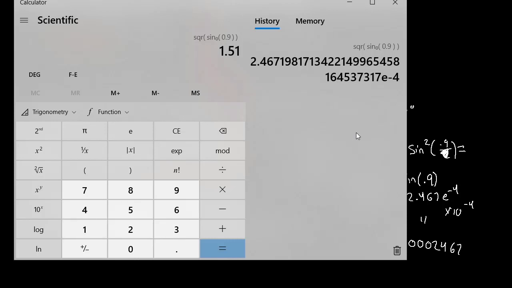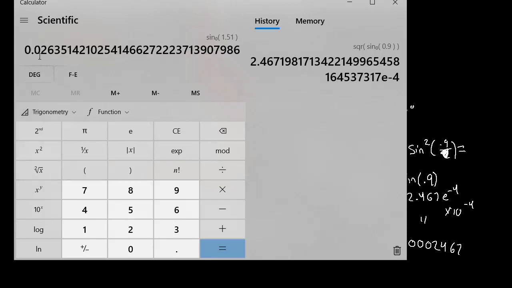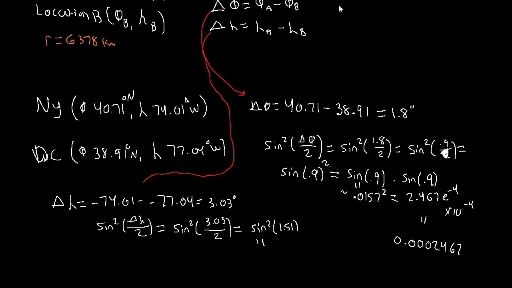Trigonometry, if we take the sine of 1.51, we get 0.026. Because it's sine squared, we simply square that result. So we get 6.944 e to the negative 4. And again, e to the negative 4 means the exact same thing, times 10 to the negative 4, or just move this over 4 times. Okay?